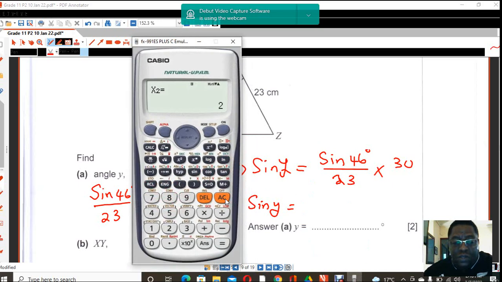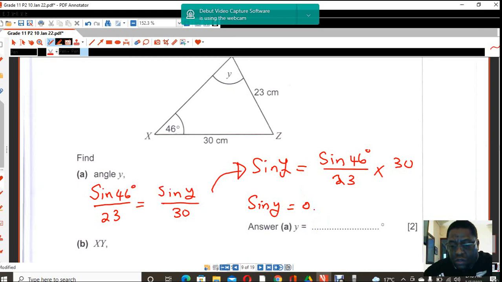So let's see what it is. We need to go back to our original display. So it's going to be sine 46 degrees upon 23, and we multiply that by 30. Hit enter. Okay, 0.93826, and so on.